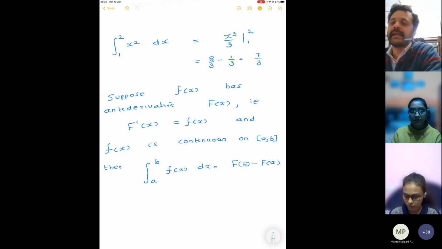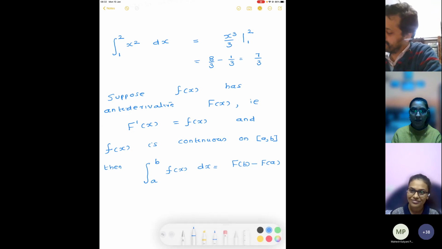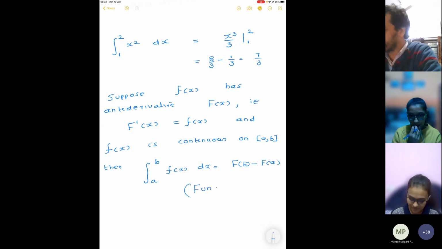That too with some additional assumptions like small f of x has an antiderivative and small f of x is continuous and so on. And who tells you that these two are equal? Fundamental theorem of calculus.